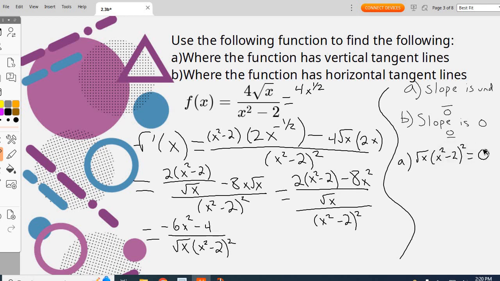So where is the square root of x going to equal 0? 0. And then if I set our second one equal to 0, we would take the square root of both sides, so we get plus or minus 0. Then we would add 2, and then take the square root, so we get plus or minus the square root of 2.